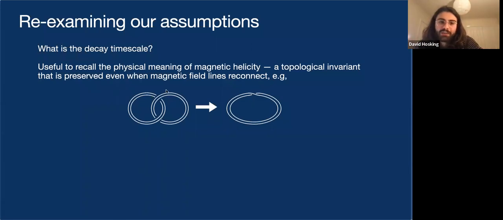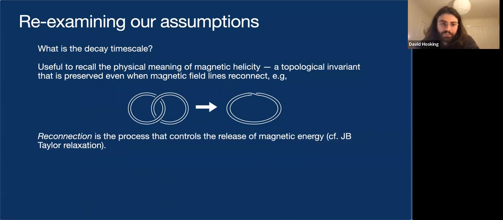So when you have two linked magnetic flux rings and they unlink, they reconnect, so they change their topology, nonetheless the magnetic helicity is conserved. The way that happens is that the linked flux rings become a single ring, but that single ring is twisted, so that linkage becomes a self-link. And so overall, the helicity is conserved in that process.